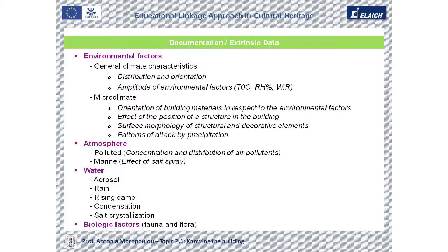That means orientation of building materials in respect to environmental factors, or the position of the structure and the building against the wind directions, or the rain abrasive phenomena, the surface morphology, and the patterns of attack.